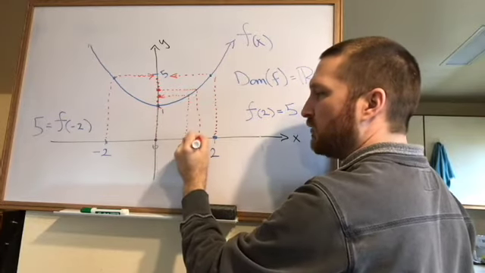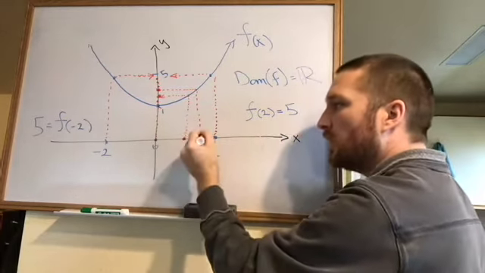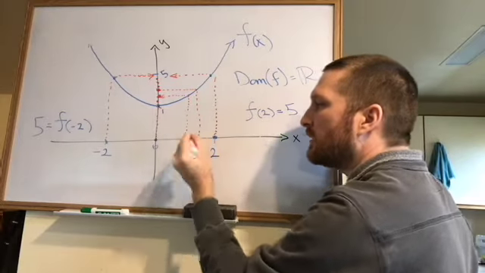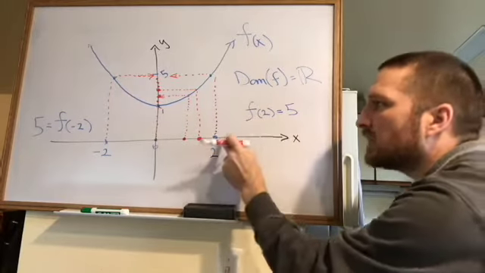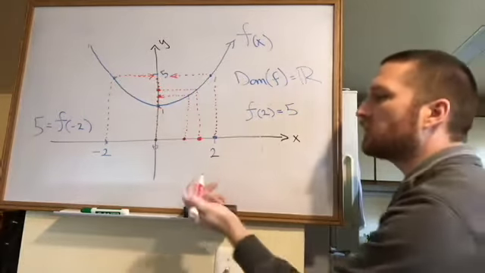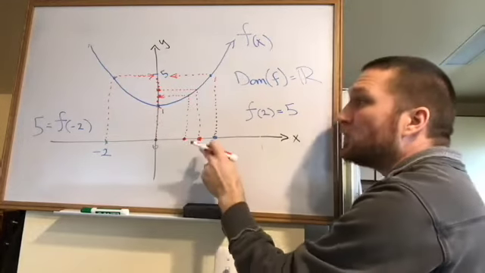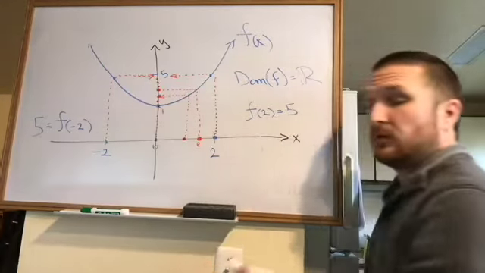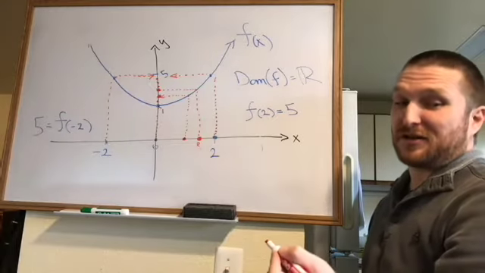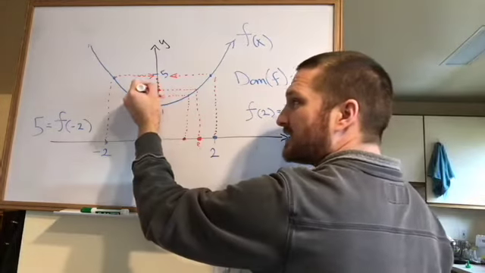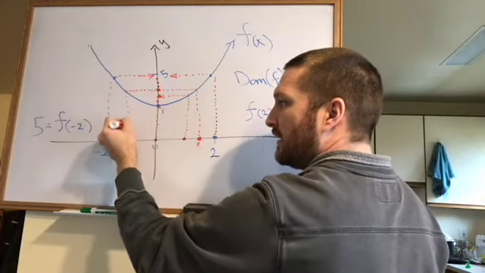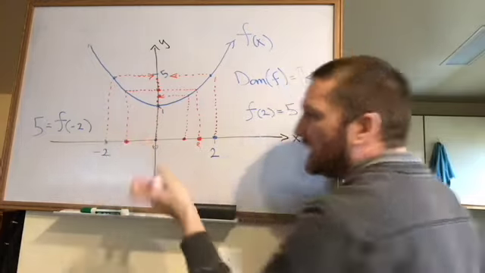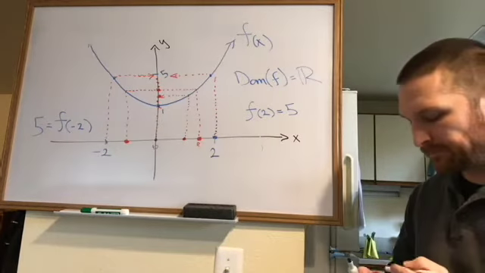If you started right here, you could have said, okay, if I plug this number in the same way we did here, we plugged in a 2, got out a 5. Here we're saying whatever number this is, if you plug it in, it will give you this guy. Just so happens, there's another number on the other side that if you plug it in, you get the same output.